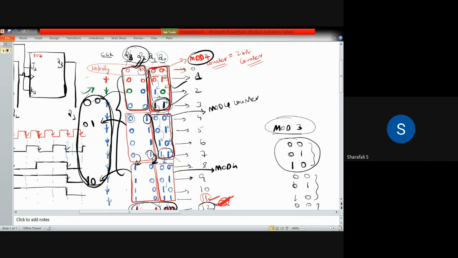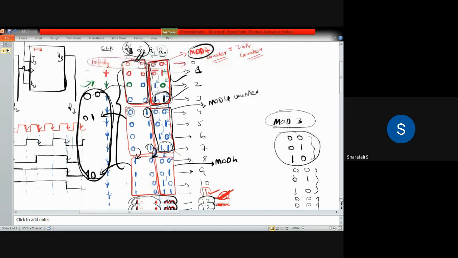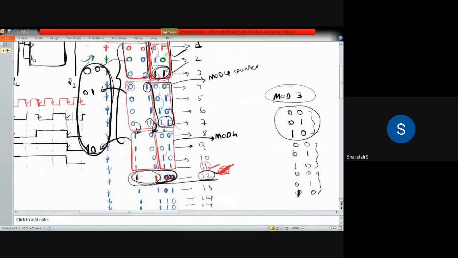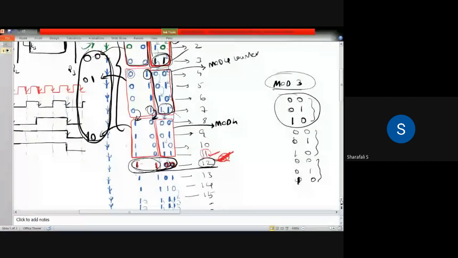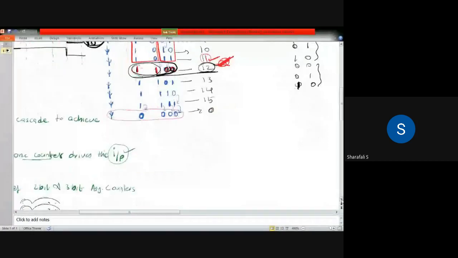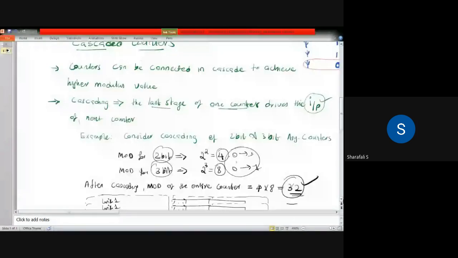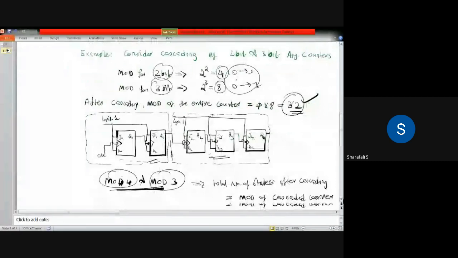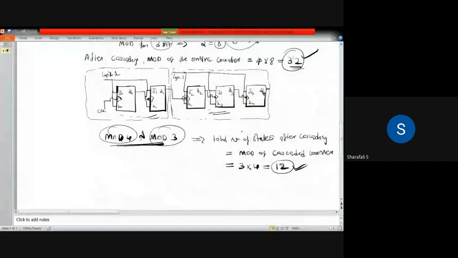We have to connect the circuit like that, in such a way that we will get the output that will result in this particular state. So that we can do here also. That's how we can change or increase the number of modes with two different counters by using this cascading method.